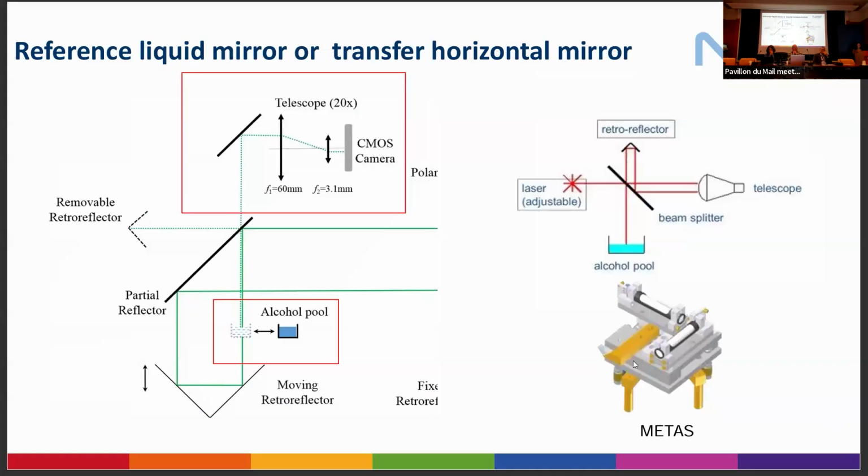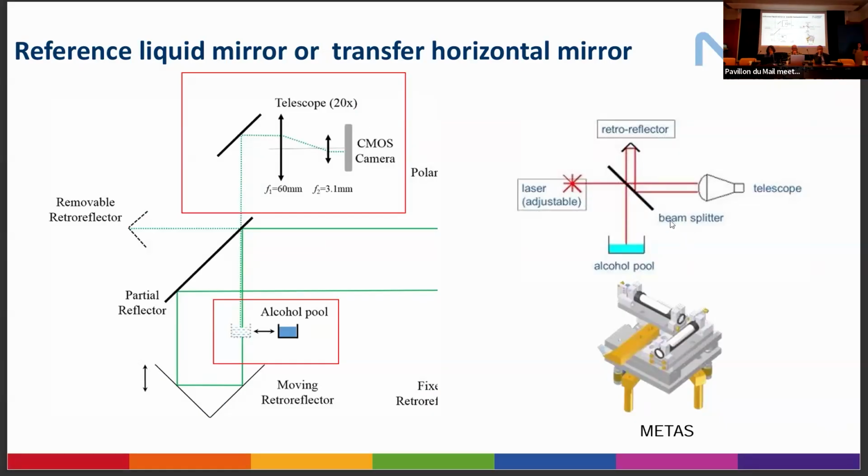So here I'm showing two ways to align your laser verticality. Most of us use a reference liquid mirror, if it's possible to insert it. At NIST, we use an alcohol pool. We use silicone oil as well because it's quieter. And you can build a telescope and look at the motion, and align your beam to vertical using a camera.